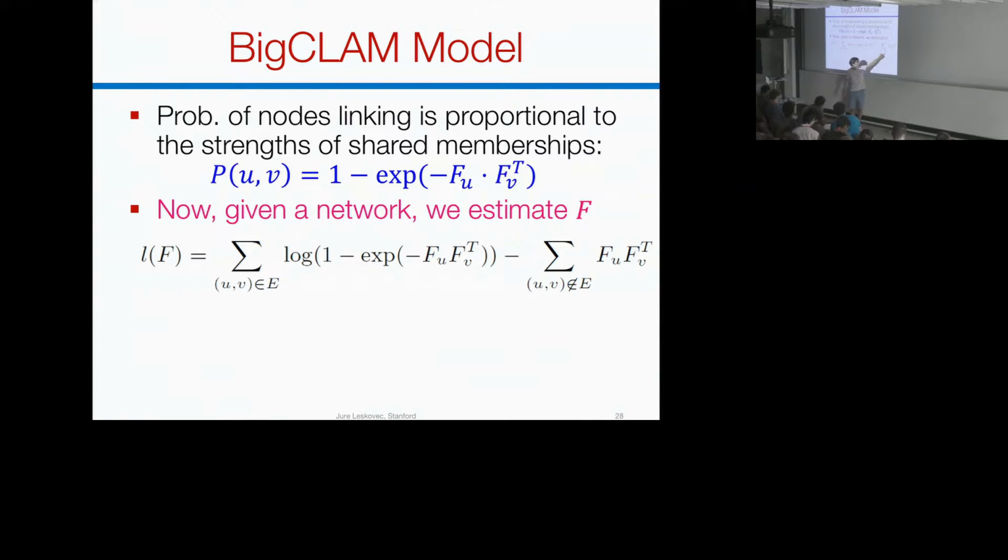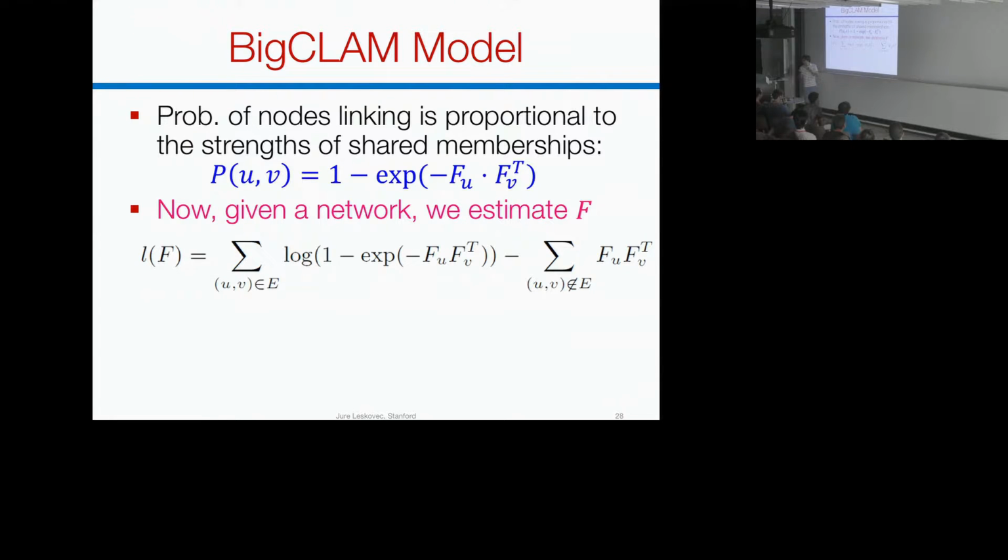And here is a sum over all the non-edges of the log of 1 minus 1 minus x. All that is left is the factors, the memberships of U and the memberships of V, the dot product together. So what I'm trying to do now is find F that maximizes the log likelihood.